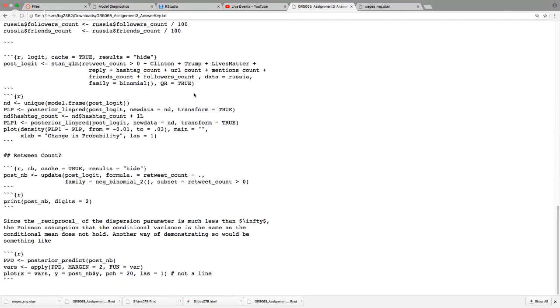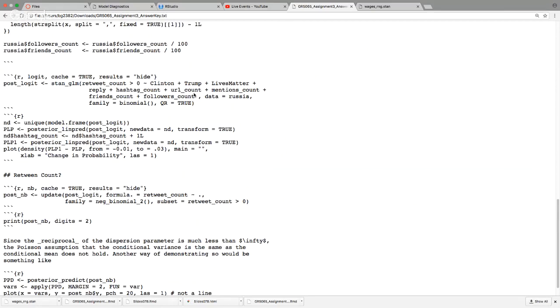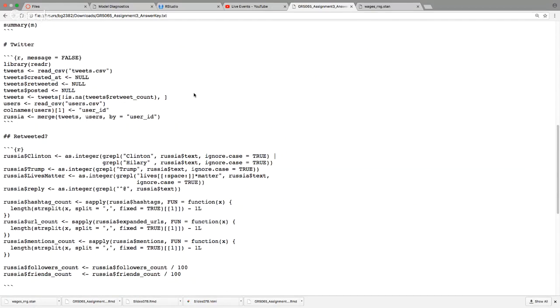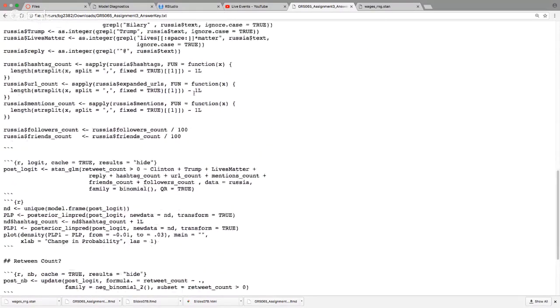Take the difference, and that is the posterior distribution of the average treatment effect for the people that you have. So it turns out mentioning Trump or Clinton actually decreased the chance to be retweeted. But some other things like Black Lives Matter were retweeted a lot, and some of the other ones.